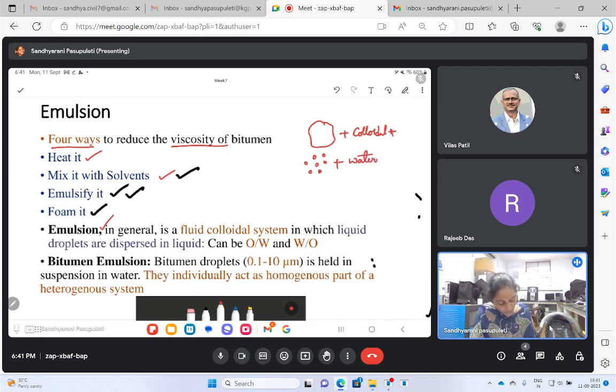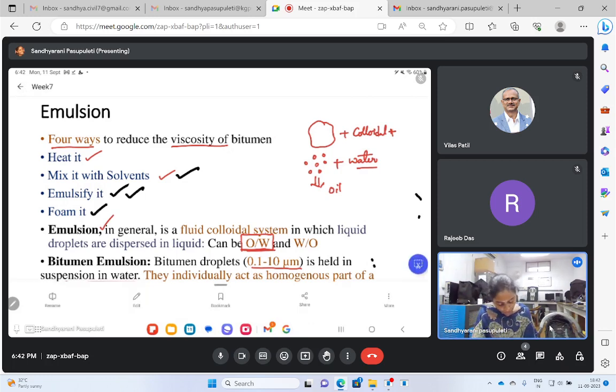So this is a colloidal system, oil in water. That means this bitumen is called oil and it is dispersed in the water. So this is called the oil in water form. The bitumen emulsion droplets are usually of the size 0.1 to 10 micrometers and are held in suspension in the water.